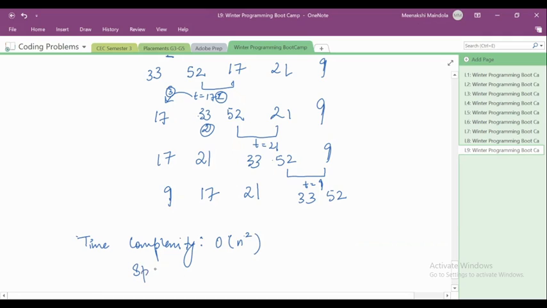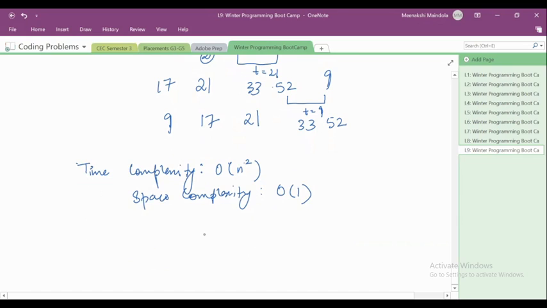Space complexity, since you are not considering any extra space, is going to be order of 1. And when you say that space complexity is order of 1, this means that the sorting algorithm is in place, right? And if we talk about the stability, we say that this is a stable sorting algorithm.